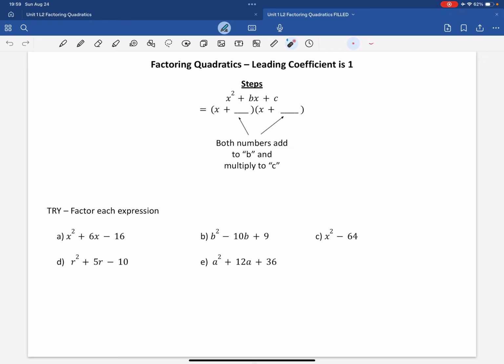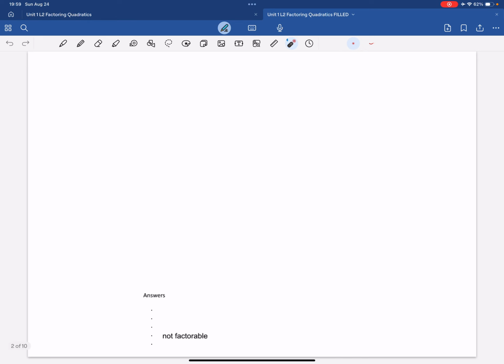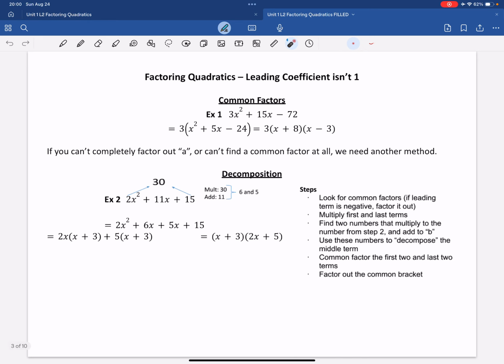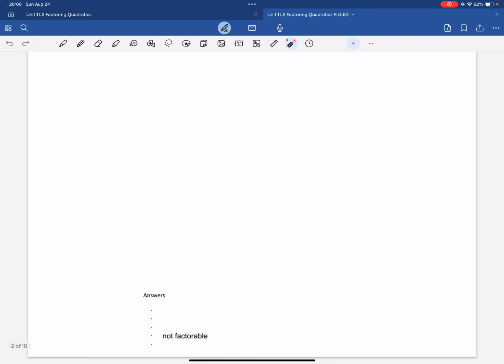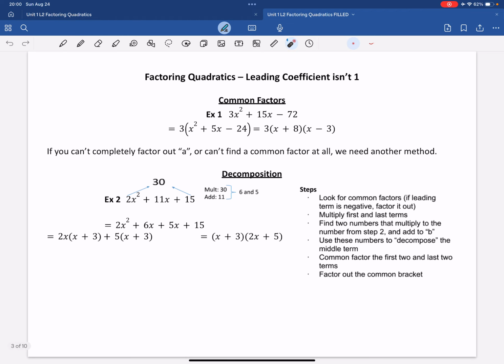Guys, the plan will be for me to just go through a couple of each of these, but hopefully this is mostly review. Okay, so I'll try and do one or two from each of these pages, right? So here's the case where the leading coefficient is 1. I think you have answers, maybe not, so I'm gonna have to load those up.